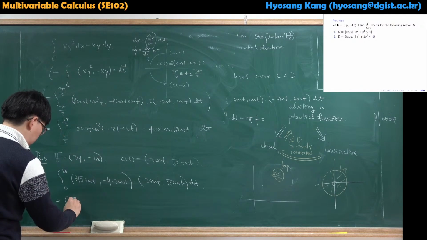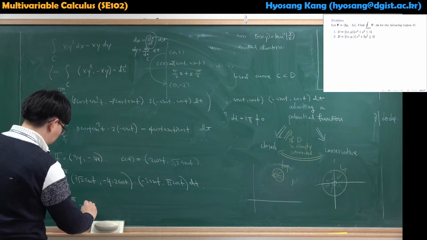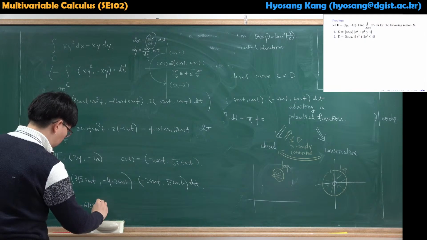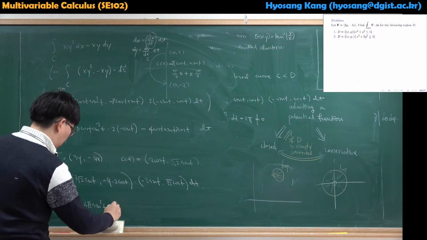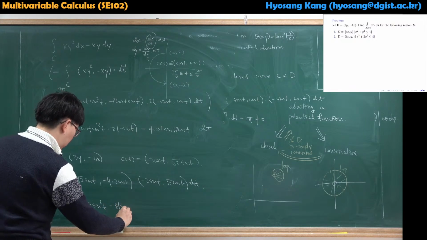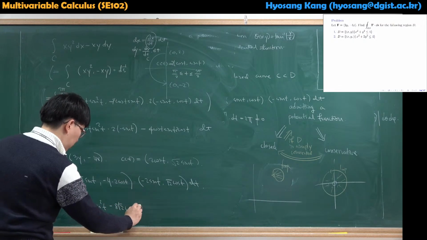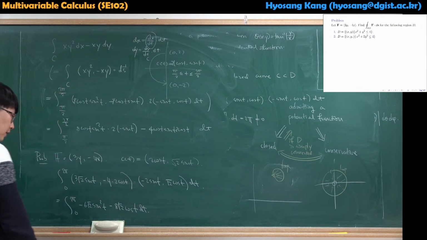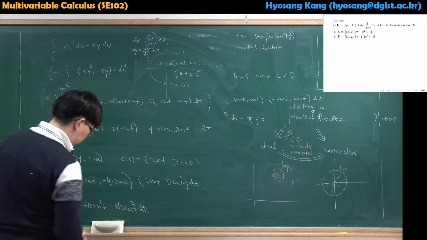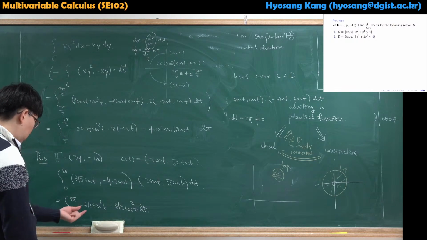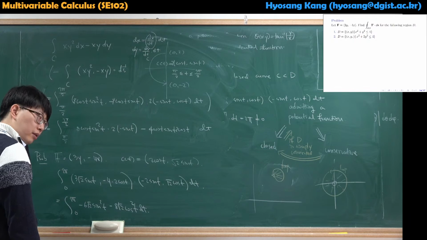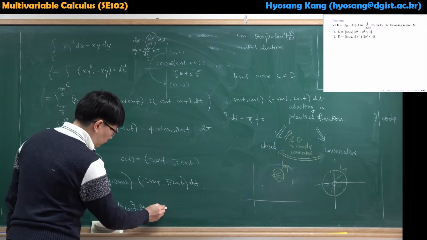So we have the integral from 0 to 2 pi of minus 6 square root of 2 sine squared t and minus 8 square root of 2 cosine squared t dt. So you have to compute the integration of sine squared and cosine squared, and you get the result.